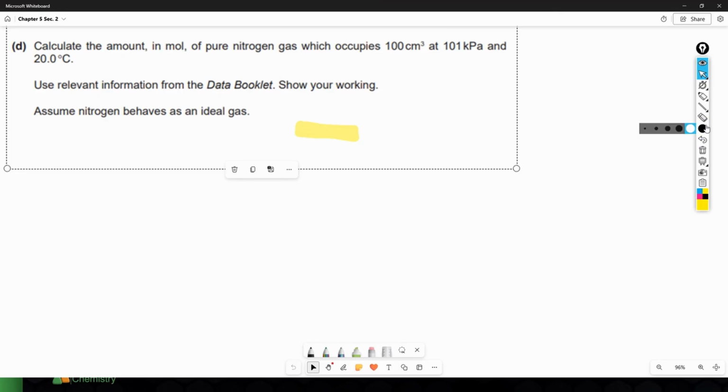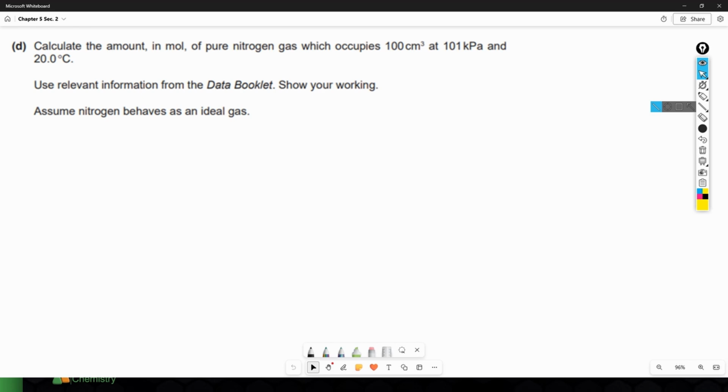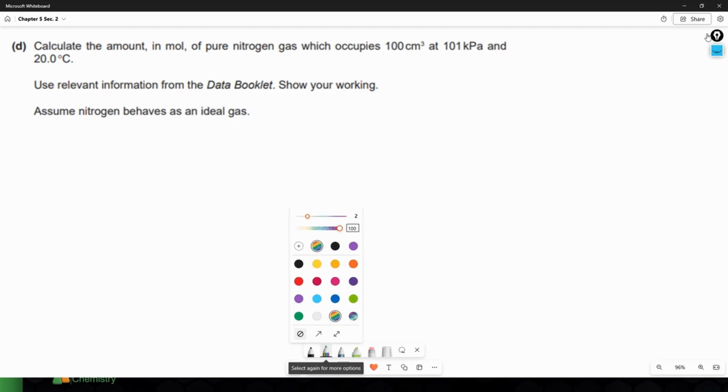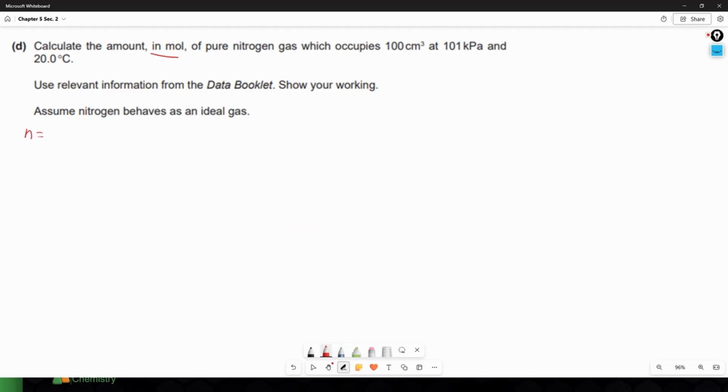Let's bring this over. So here we have the problem. Now, one of the first things I like to do with these problems is writing down what each piece of information is. So if we look at this, I'm going to change colors here. Calculate the amount in moles. So we are looking for n here.